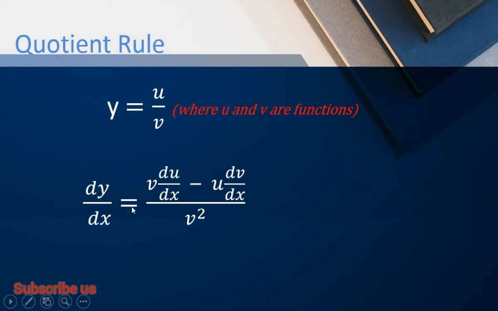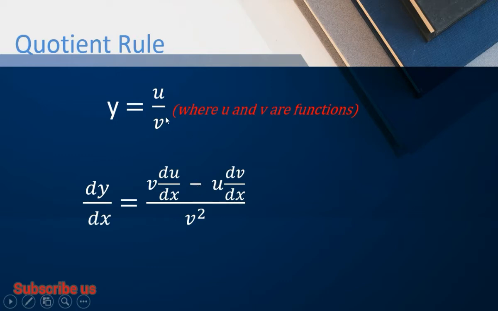Then dy by dx equal v times, v is the denominator function, v times the differentiated function of u minus u. Here it is definitely minus, it must be minus.